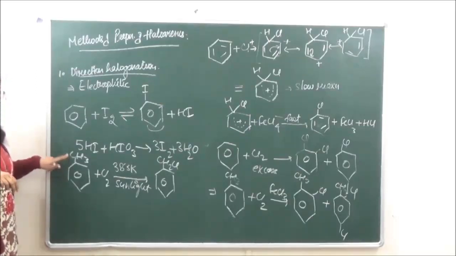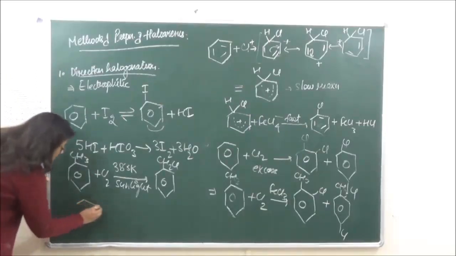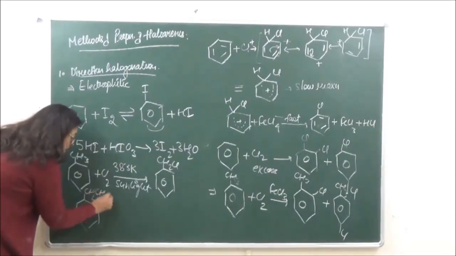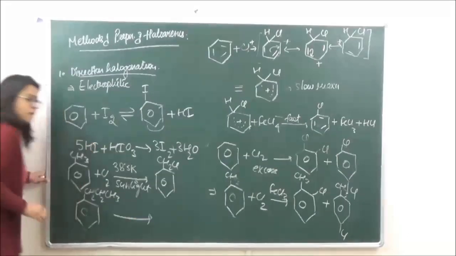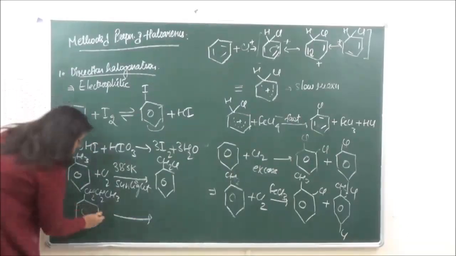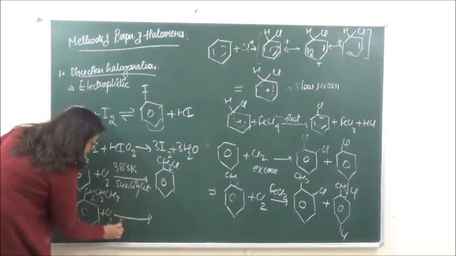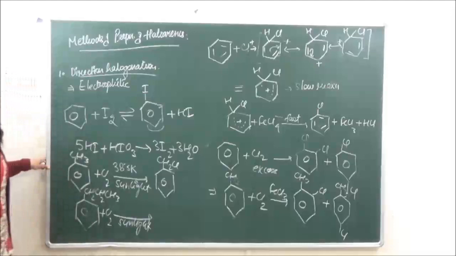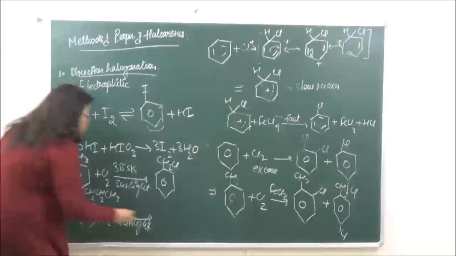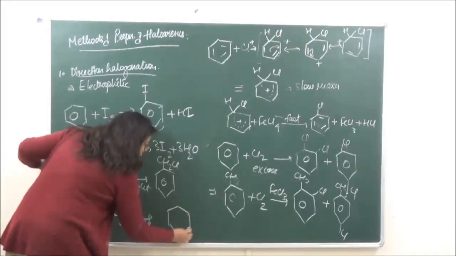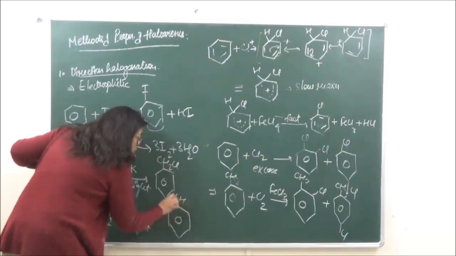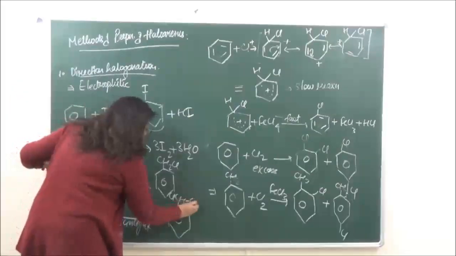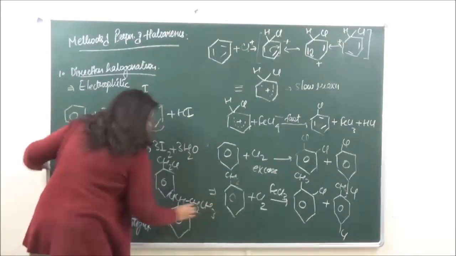Now if the chain is longer, in the sense that we have a compound like CH2, CH2 and CH3, and we are reacting it with chlorine, maintaining the same conditions, what are we going to get? The chlorine is going to attack at the first carbon atom only, and the rest of the benzene ring will remain as it is.